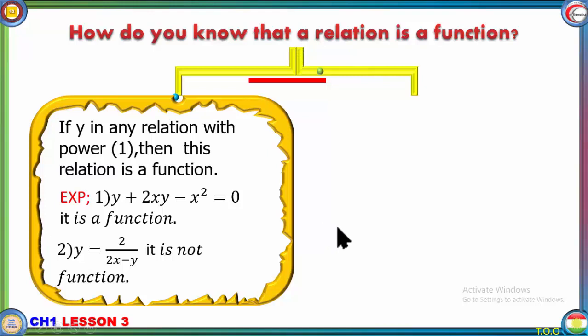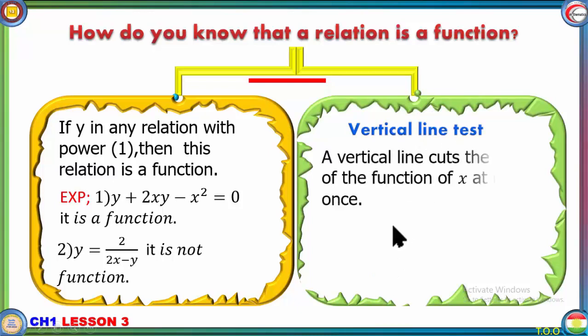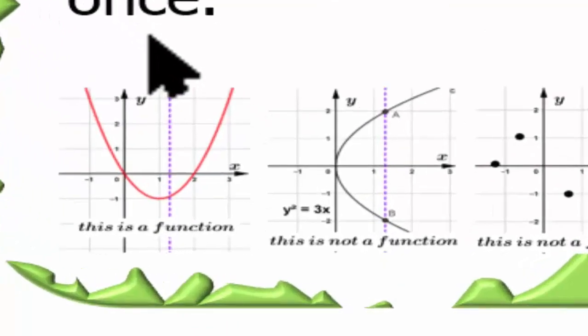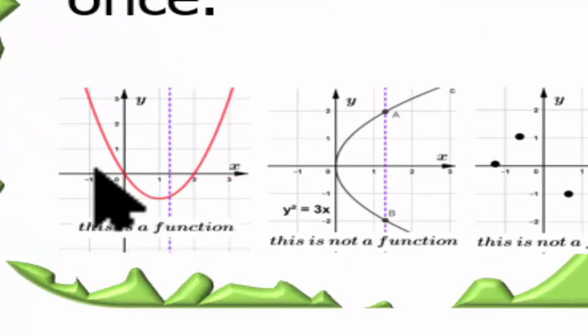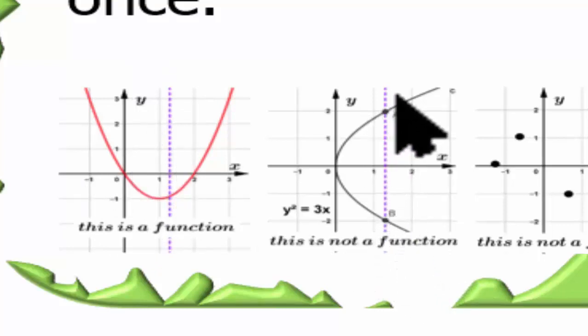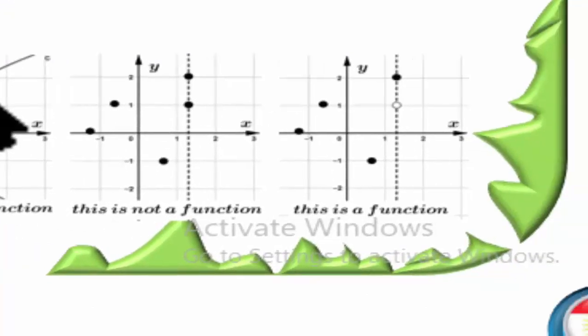But if we have a graph of the function, then we use the vertical line test. A vertical line cuts the graph of a function of x at most once. If the vertical line cuts this relation in only one point, then this relation is a function. But if the vertical line cuts this graph in 2 points, then it is not a function.